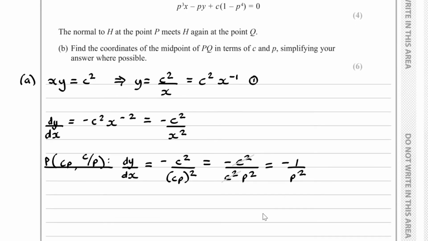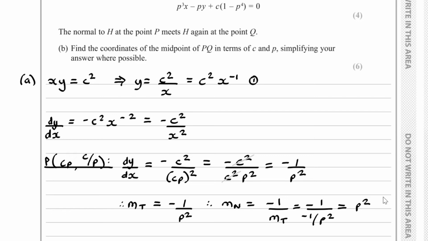Okay, and therefore the gradient of the tangent would be minus 1 over p squared, and therefore the gradient of the normal, that's minus 1 over the gradient of the tangent. So we have minus 1 over minus 1 over p squared, which is simply p squared.